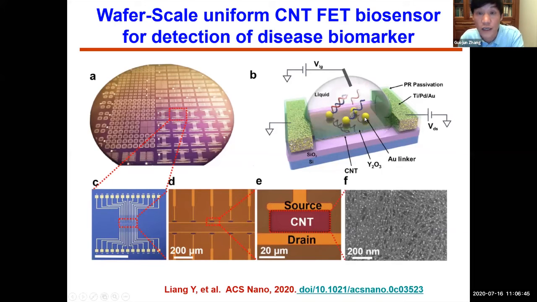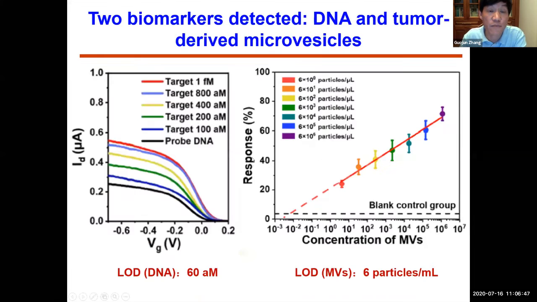Two examples were presented. We actually detected two biomarkers in this work. One is DNA, and the other one is tumor-derived microvesicle. To detect the DNA, obviously we can immobilize the probe DNA on the surface.